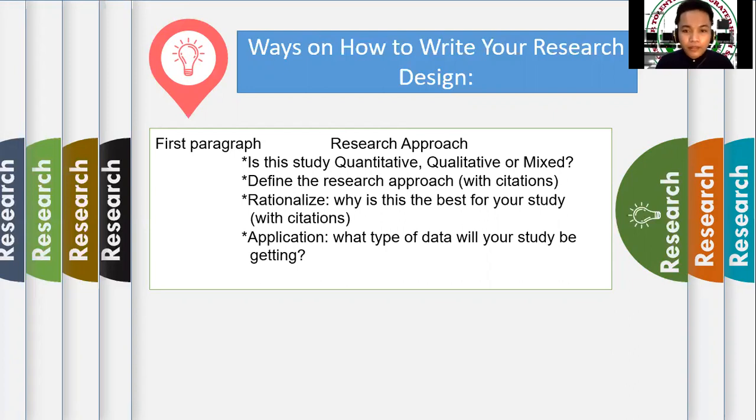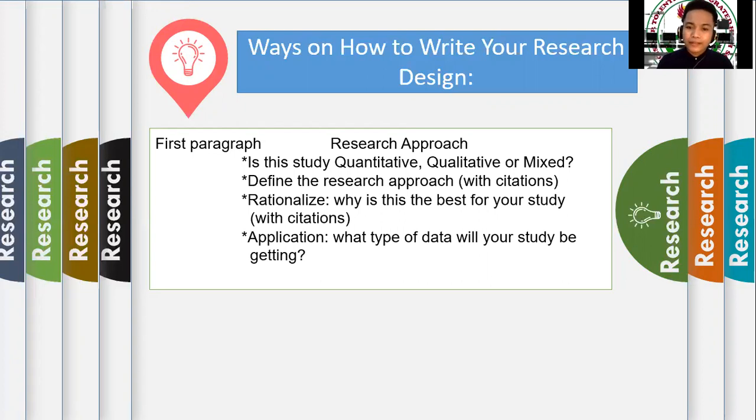And then at the end of the day, we really have to think of this question: is it really best for your study to use this kind of approach? So if you use quantitative, you really have to define it with citation. If it is qualitative, you really have to define it with citation, as well as the mixed.